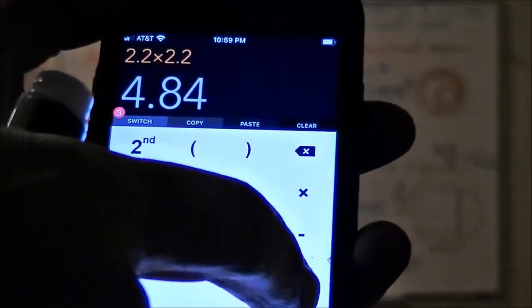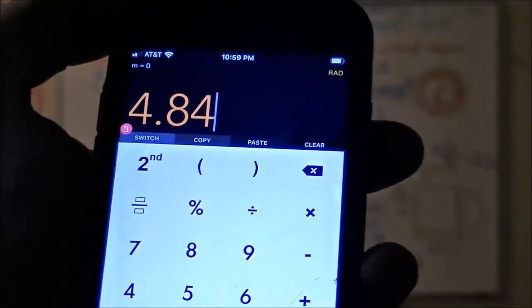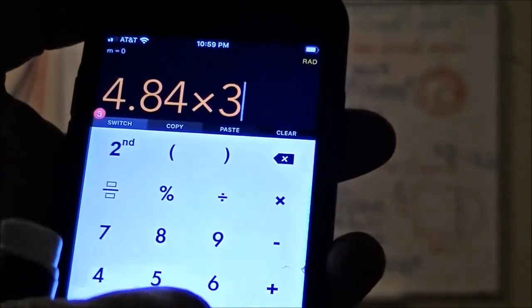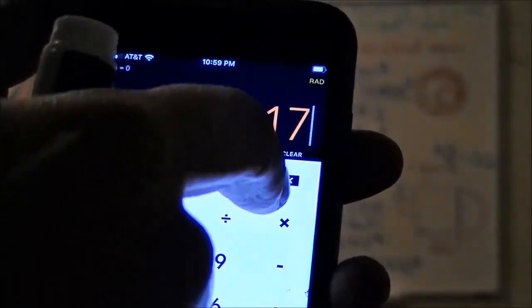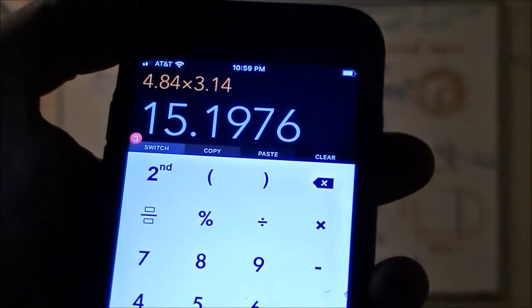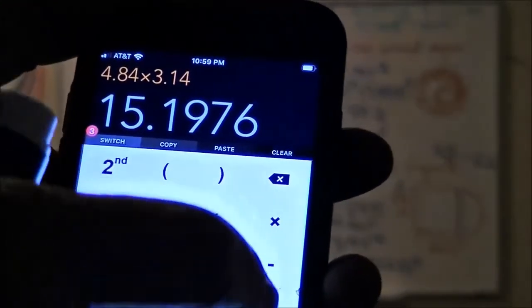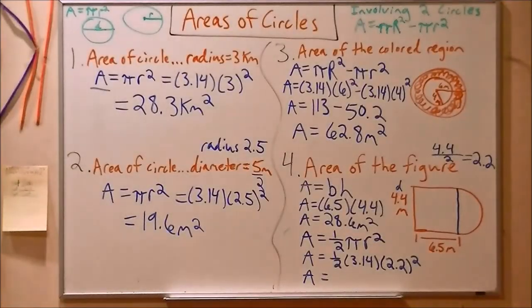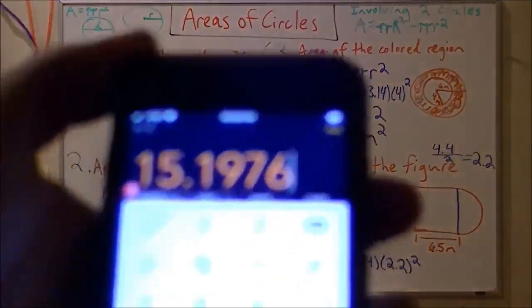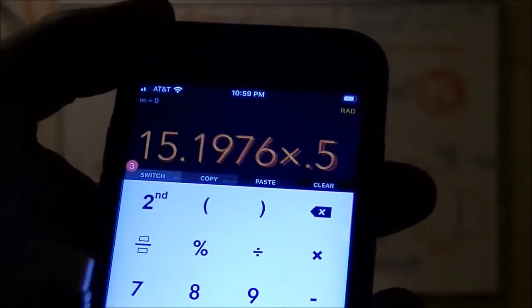So 2.2 times 2.2 is 4.84. We're going to multiply that by 3.14, which is pi, which is 15.1976. And then, look at the board, we're going to multiply that by all that's left, which is 1/2. In decimal form, that's going to be times 0.5.